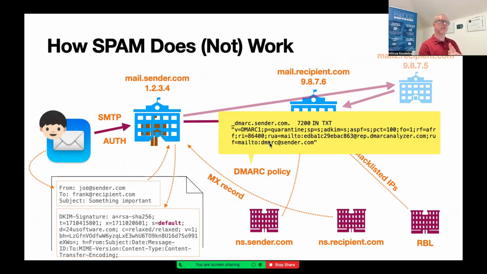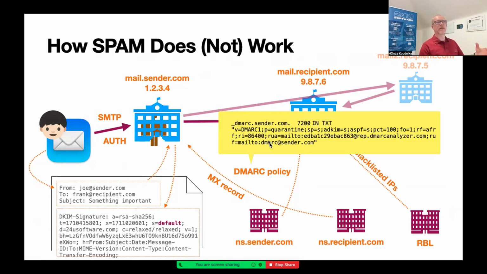And it sends two kinds of reports. One is an individual report, called a forensic report, generated for every single email that fails validation. And then there is an aggregate report, which I believe is sent once a day or so, and that's basically an XML containing the stats of all the failed emails.